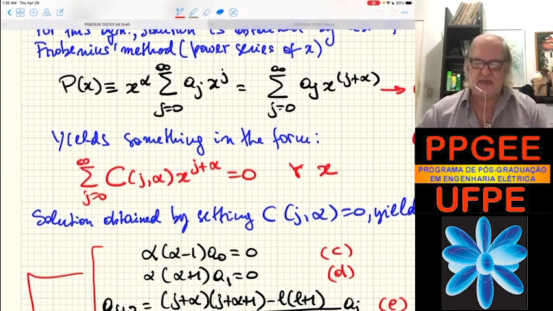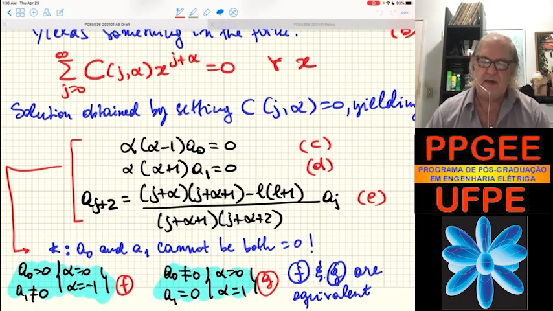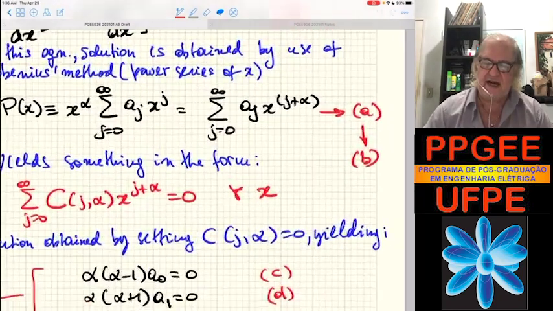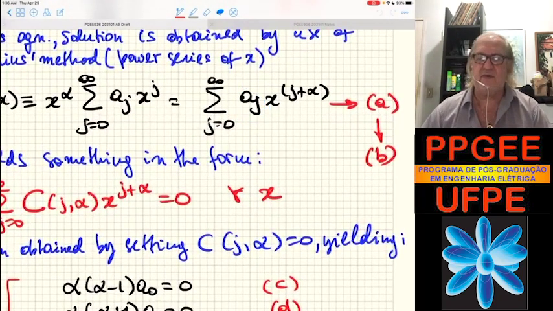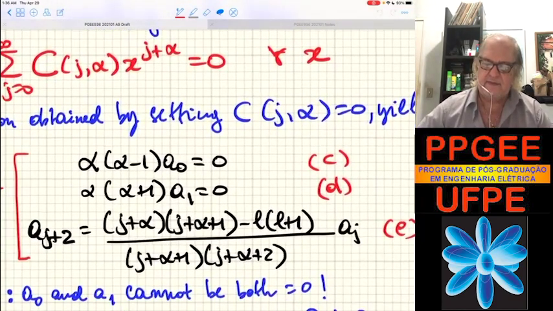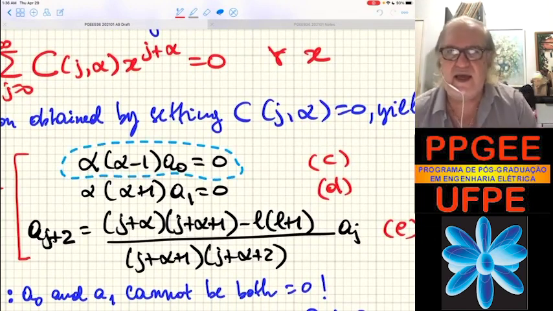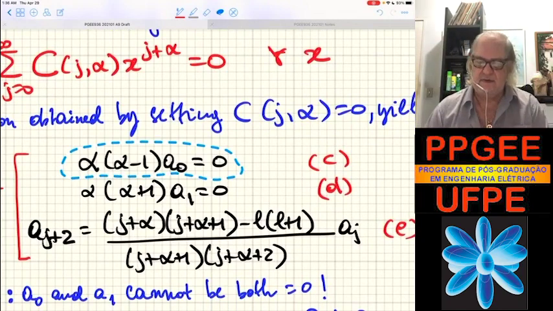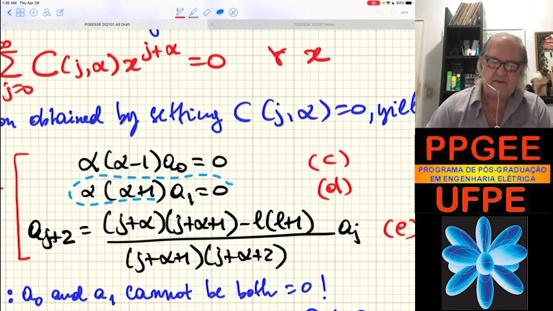And after we do that, we obtain three conditions. Recall, those coefficients are A0, A1, A2, etc. So we find the relationship between coefficients. We find one of the relations is this one involving exclusively A0. The other one involves exclusively A1.